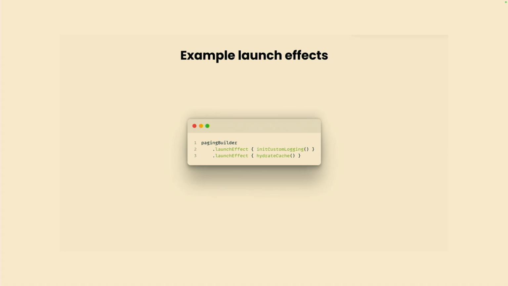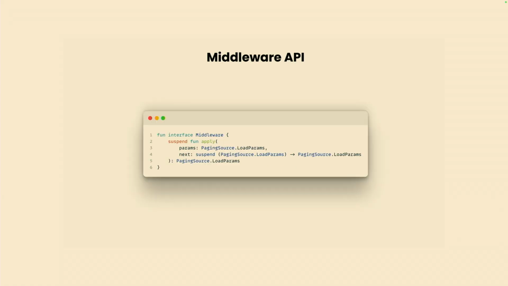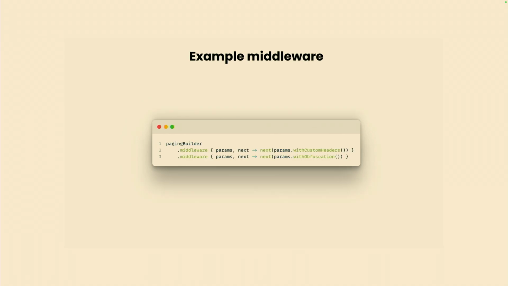An example would be initializing custom logging, hydrating the cache. There's middleware APIs. So imagine you pass in a request, you want to add different headers, for example. Headers or obfuscation.